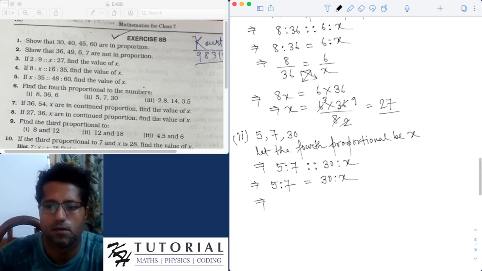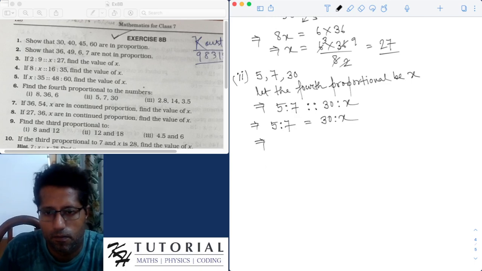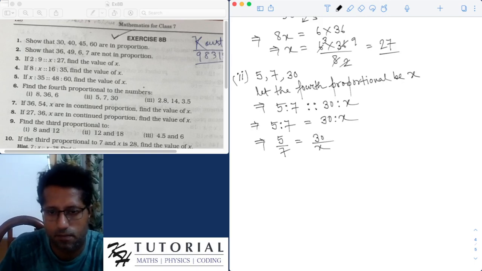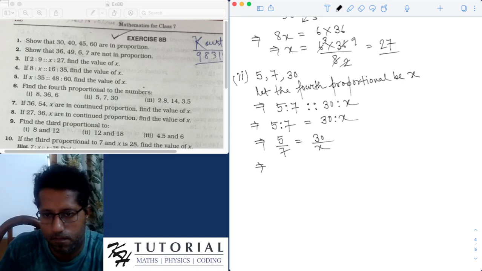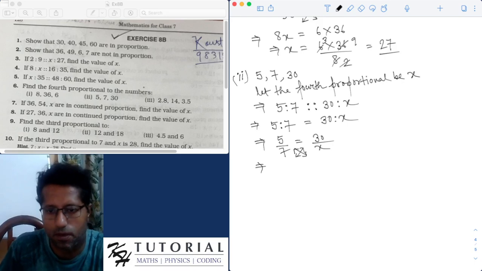This implies 5 by 7 equals 30 by x. Now doing cross product, we get 5x equals 30 into 7.